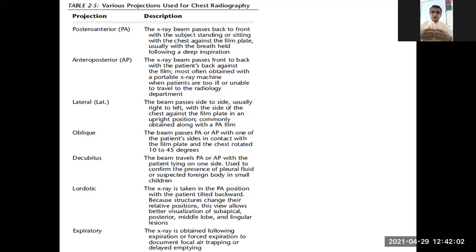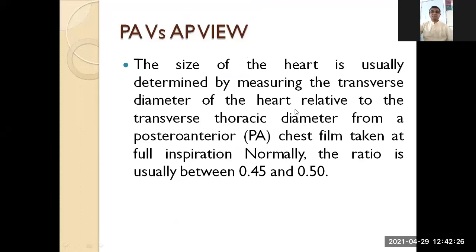You ask the patient to exhale fully and then take an X-ray. Even though the person has exhaled fully, if the lungs are still very much inflated, it means there may be 100% COPD. Yes, air trapping is confirmed.